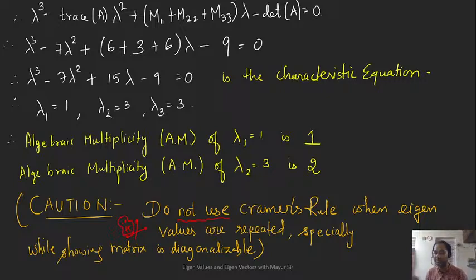Right now we are not going to use it because we are in a very special case: we are checking whether the matrix is diagonalizable or not. Whenever you do this check, you don't use Cramer's rule.